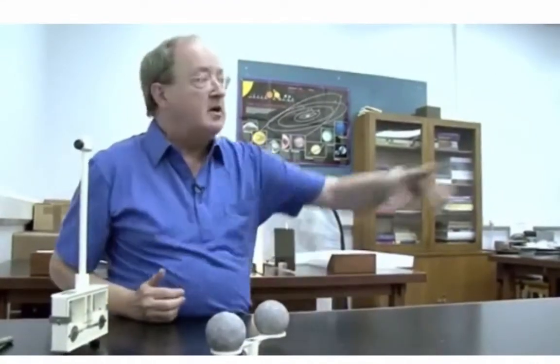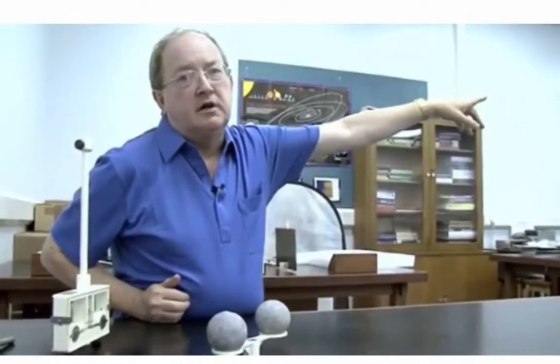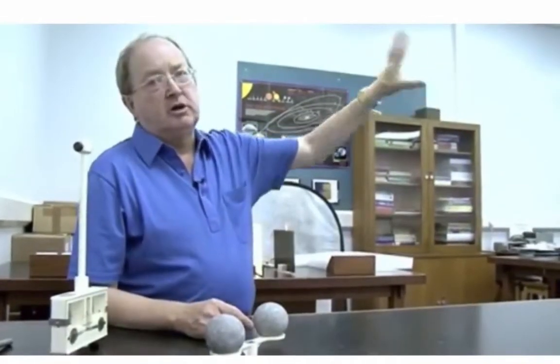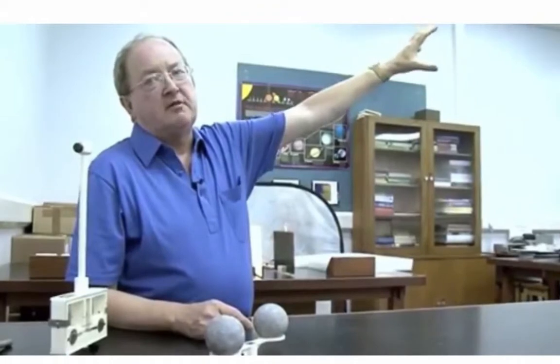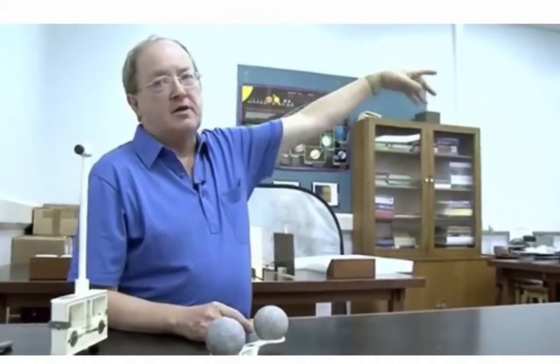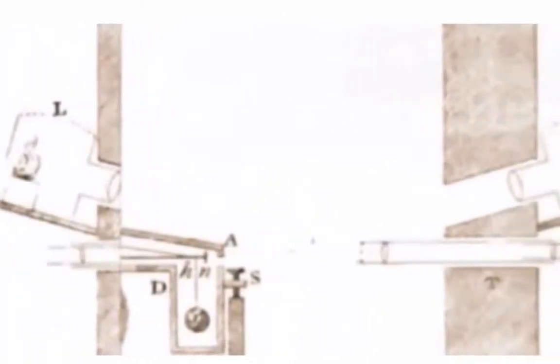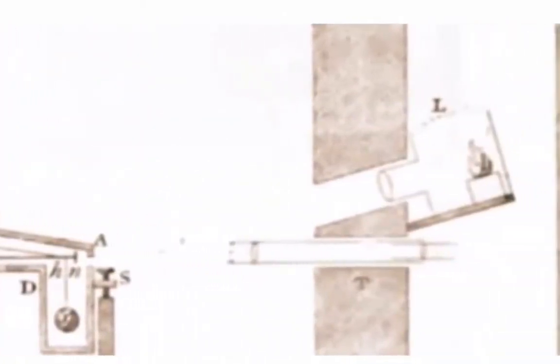In other words, there's a gravitational attraction between you and me, or between me and this lead ball. So he had to be a long way away to look at the experiment, otherwise he'd interfere with it. So he had an aperture, a place where he could look through, and he put a telescope up there, and he stood outside in all weathers, and he was in his 60s doing this, staring through the window to take his measurements over a year.